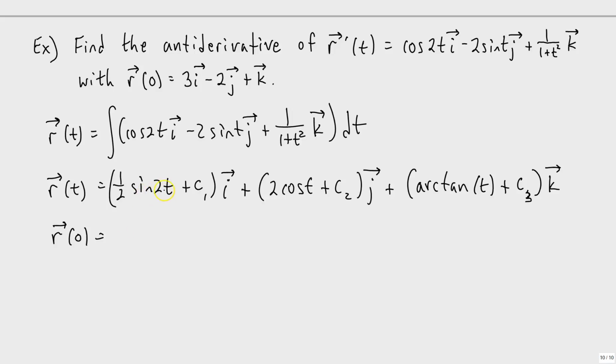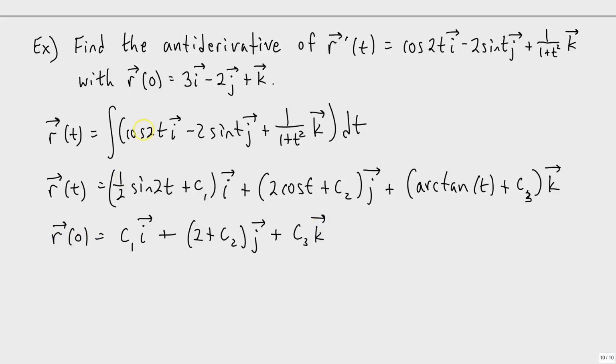So sine of 0 is 0, so that would be c1 i. And then cosine of 0 is 1, so that would be 2 plus that constant j. And then inverse tangent at 0 is 0, so that would be constant k.